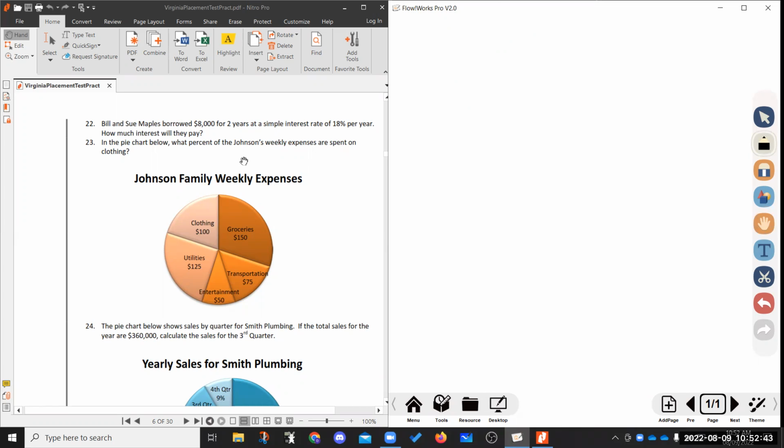The pie chart below shows what percent the Johnson's weekly expenses were spent on different items. What percent was spent on clothing? So we have clothing was $100 out of their total budget here.